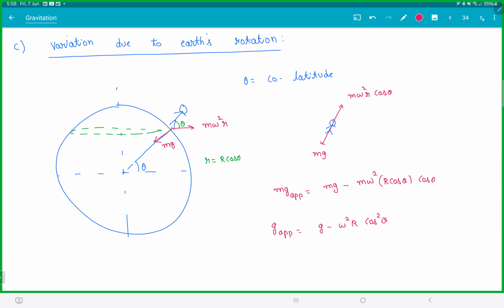Let's have a look at this. So these are the three cases in which the gravity varies.